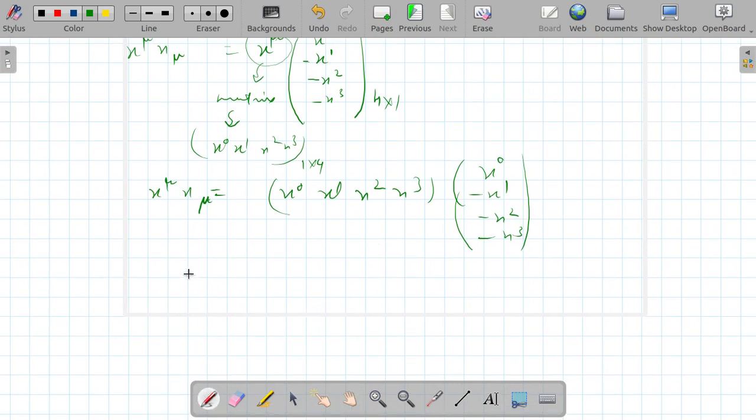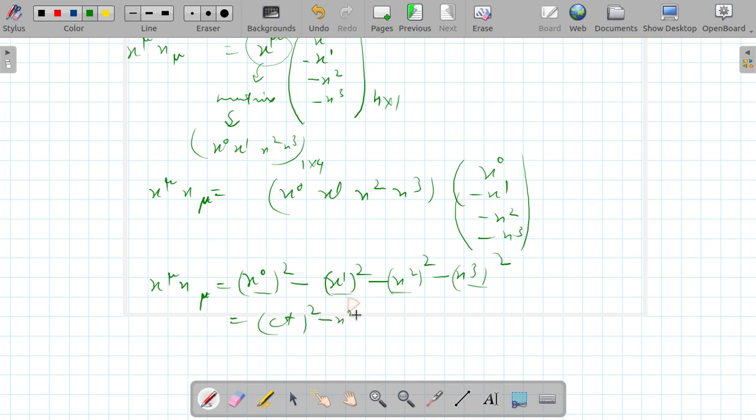So this leads to x mu, simply the product of these two. It is nothing but equal to x naught square minus x1 square minus x2 square minus x3 square. Or if I use their values as I've taken in the beginning, it will become ct square minus x square minus y square minus z square, or it can be written as ct square minus r square.